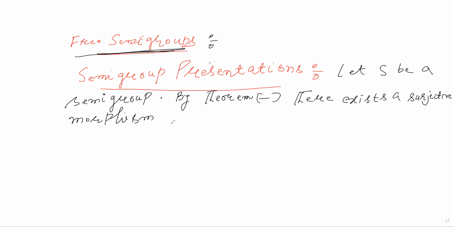Which I denote by psi or psi plus. It is from A plus to S, where A is some alphabet and A plus is the word semigroup, the semigroup of all words.